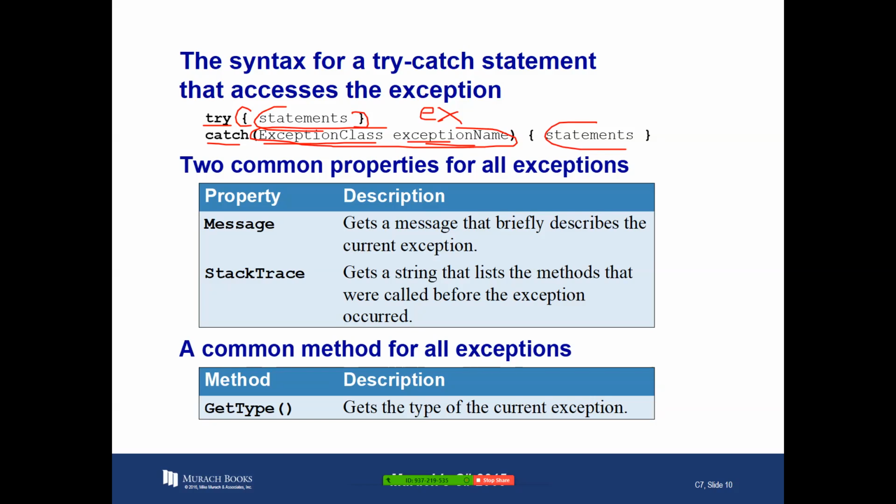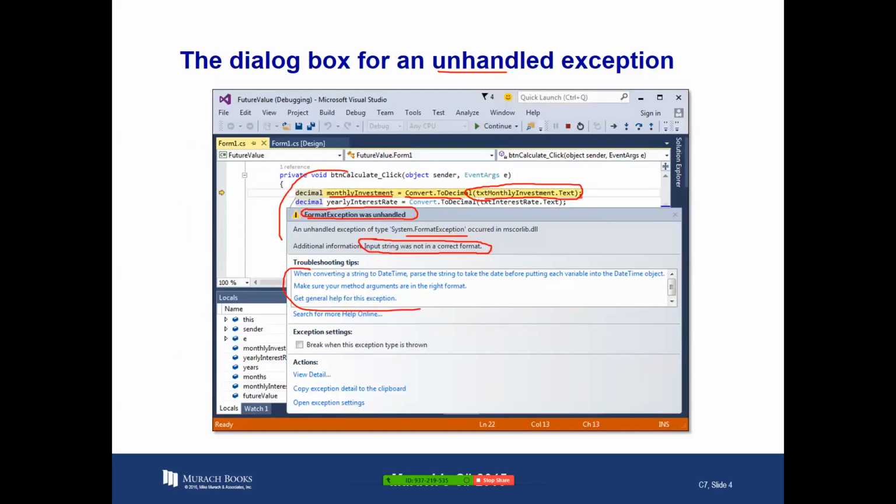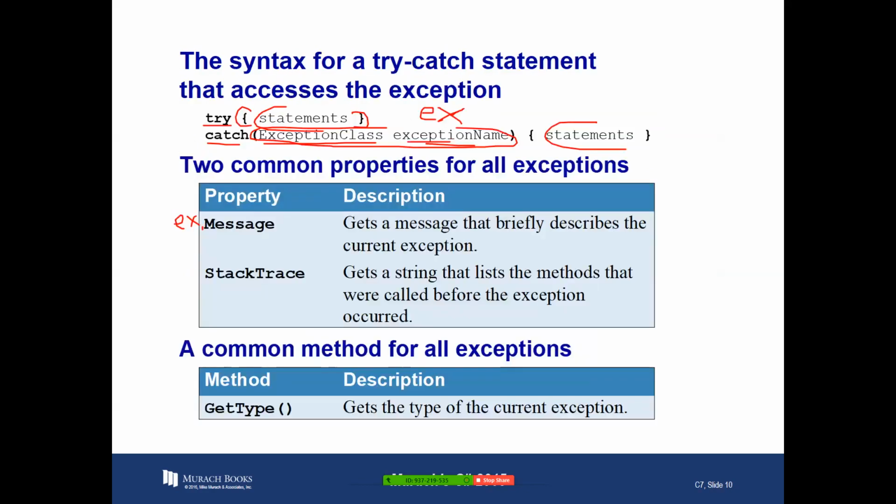And EX has a couple of nice properties. One of them is EX.message, the message property, and that displays the actual message that was returned, which is basically this thing here. And then you can also have EX.stackTrace. And the EX, of course, is the object name. That's what you name it up here.